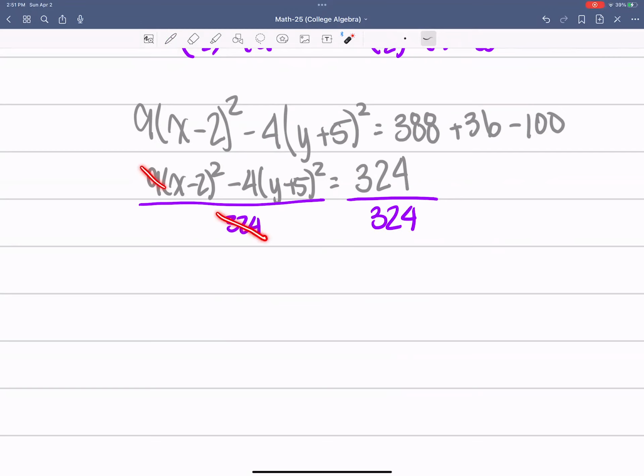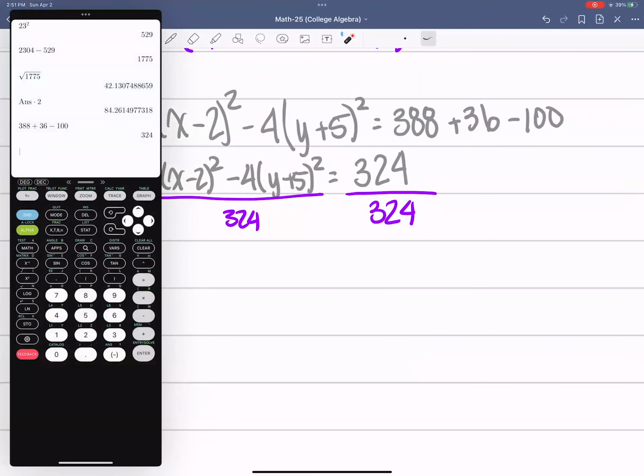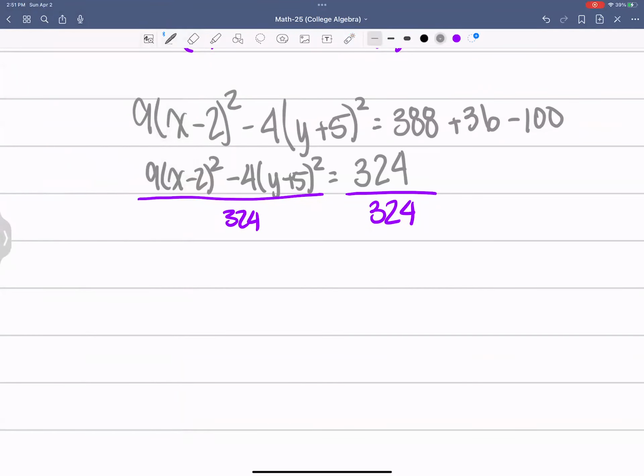So 9 goes into 324, let's see. So 324, let's divide that by 9, 36. And let's divide that by 4. So 324 divided by 4 is 81. So we have 36 and 81. (x minus 2) squared over 36, because 9 goes into 324 36 times.